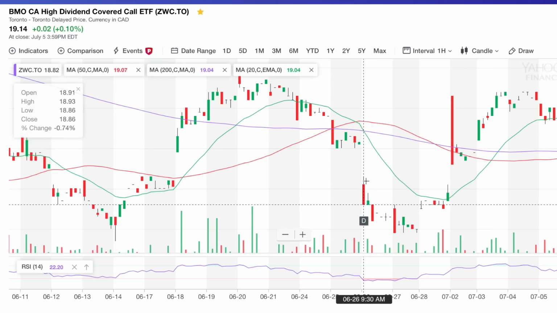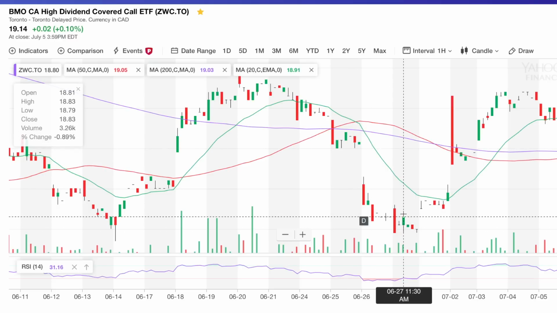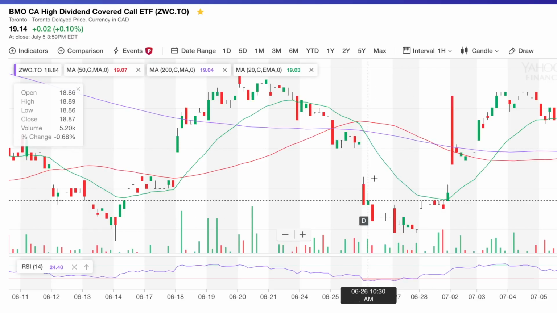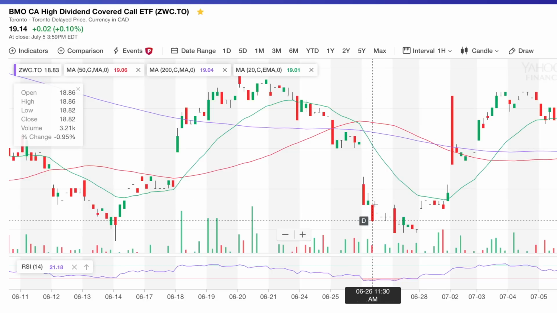So what ends up happening, and this happens frequently with dividend paying equities and ETFs, and this is an ETF, is that the price drops the day after. So the people that own it on the 25th are going to be listed as shareholders on the 27th. And this day in between is called the ex-dividend day. That's the day where the people that own the shares aren't going to actually receive that dividend.